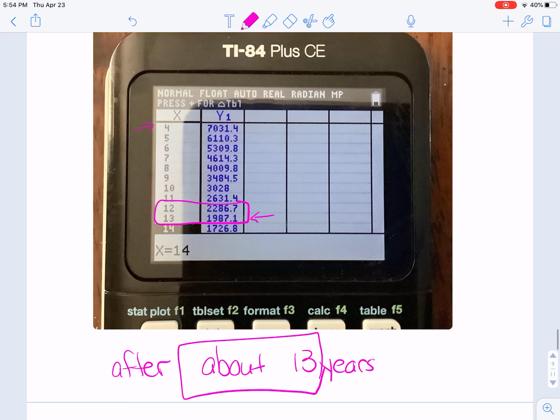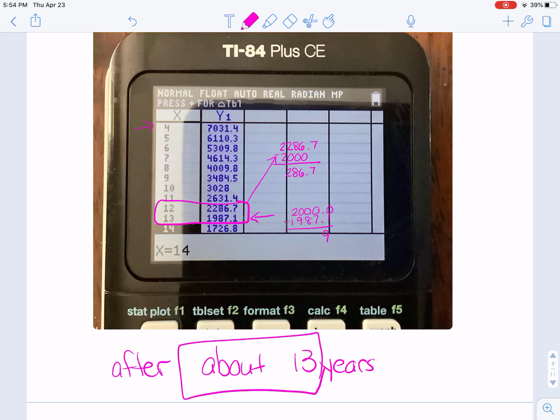Also, if you did the math to find out which it's closer to, if I did 2,286.7 minus 2,000, I get 286.7. If I did, for the other one, 2,000 minus 1987.1, what do I get? I'm going to have to do that math.